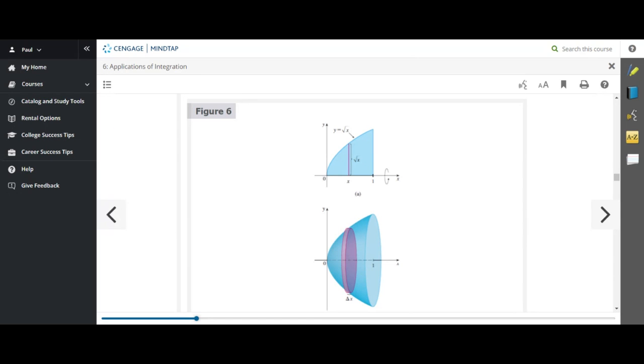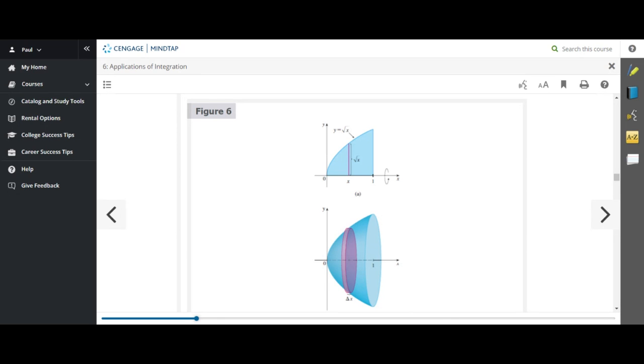If you rotate that region about the x-axis, you generate that bowl in the second picture of figure 6. You can take cross-sectional slabs of the bowl, and every cross-sectional slab will be a disc. There's a purple disc right there.